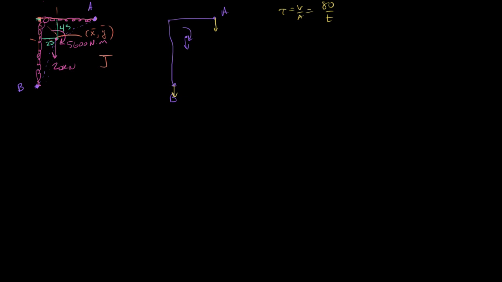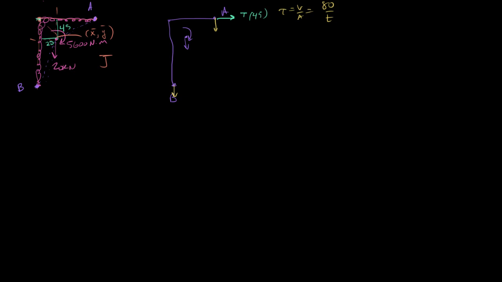So basically we have a torque here that is T R over J, and in this case the distance R is 45.